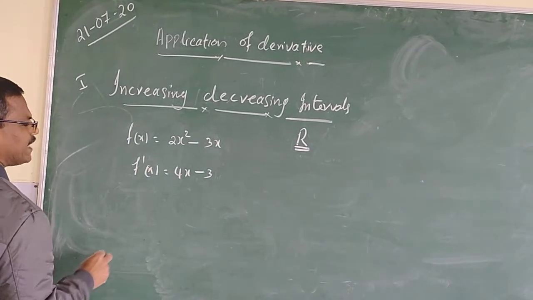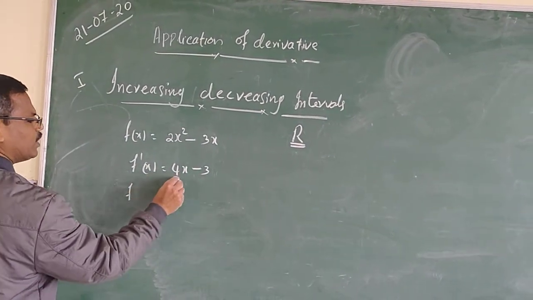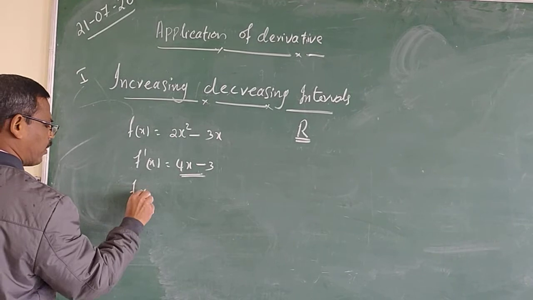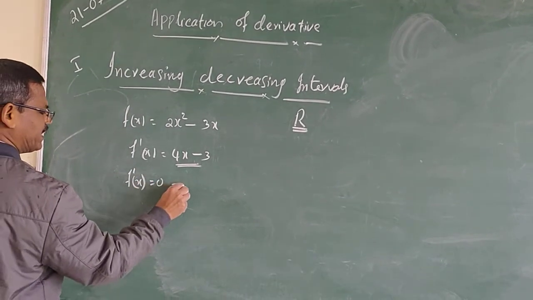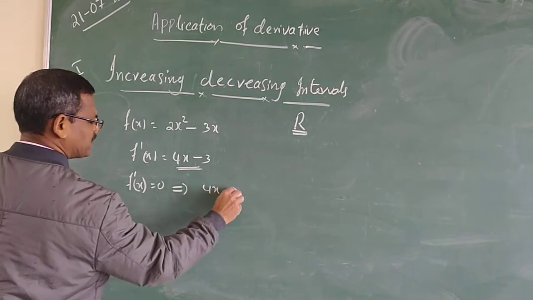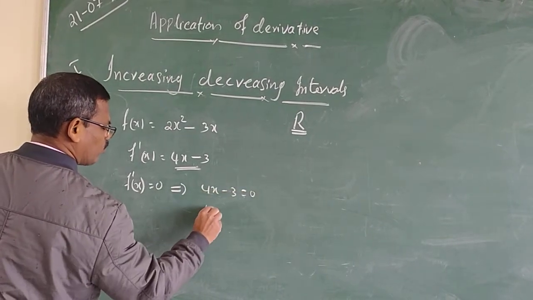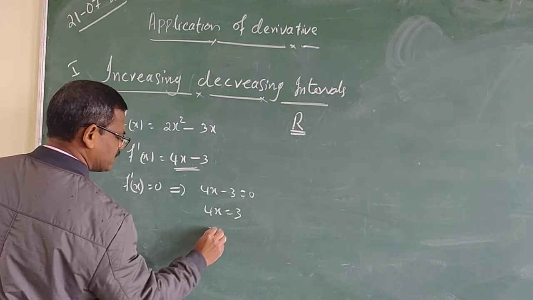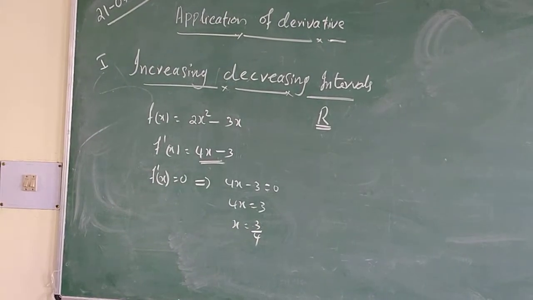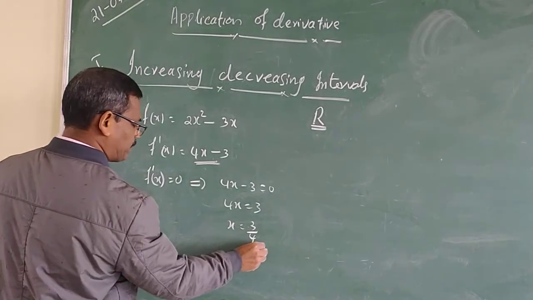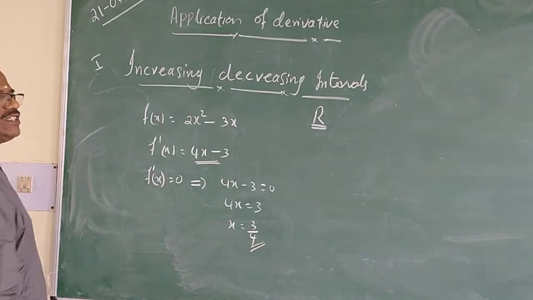Right? Then you have to find out the point where f dash x is coming as 0. So f dash x is equal to 0, I will get 4x minus 3 is equal to 0, or 4x is equal to 3, or x is equal to 3 by 4. So x is equal to 3 by 4 is the point where f dash x is 0.